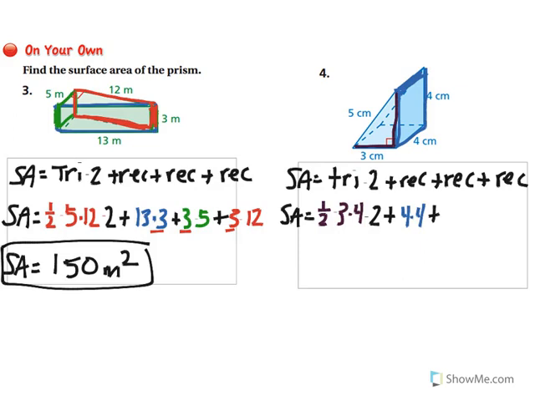And for my next rectangle, we'll do this one here on the side. So it's, again, 4 is going to be one of the measurements going across here, right? And then it's going to be 5 going up this way. So it's 4 by 5.